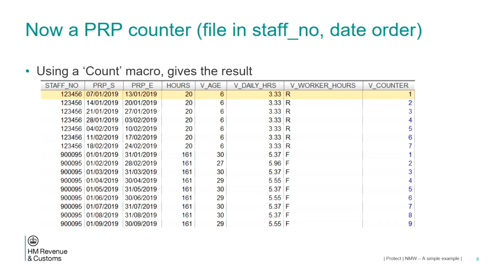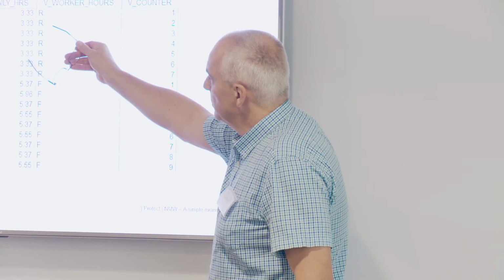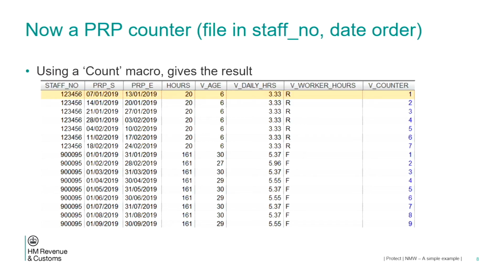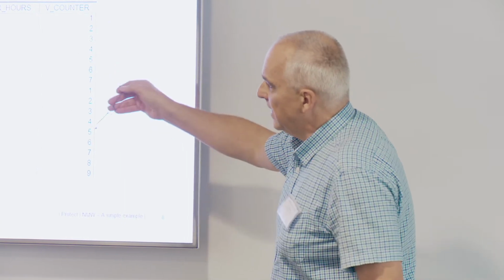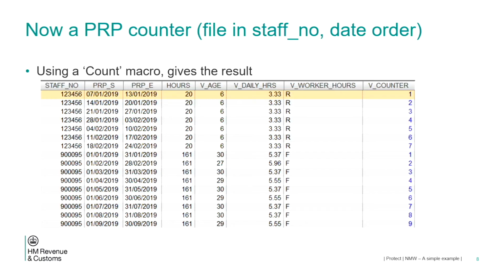Now, the next bit. This is saying that we've got our average hours, we've got the reduced and the full-time rate. So now I need to work out, I've got to start thinking about this 6-month thing that's got to keep churning every single time, 6 months. So we've got a little count macro, and what it does is it just looks at a unique key. So for this instance, it's staff number.